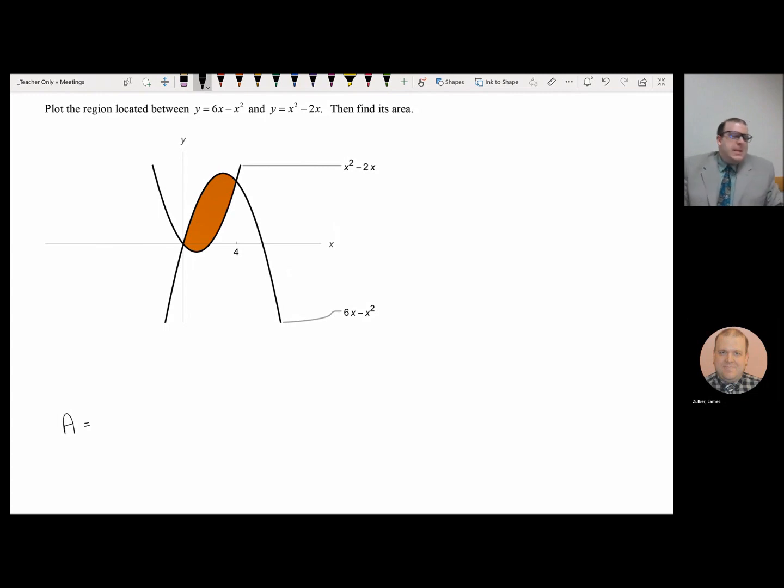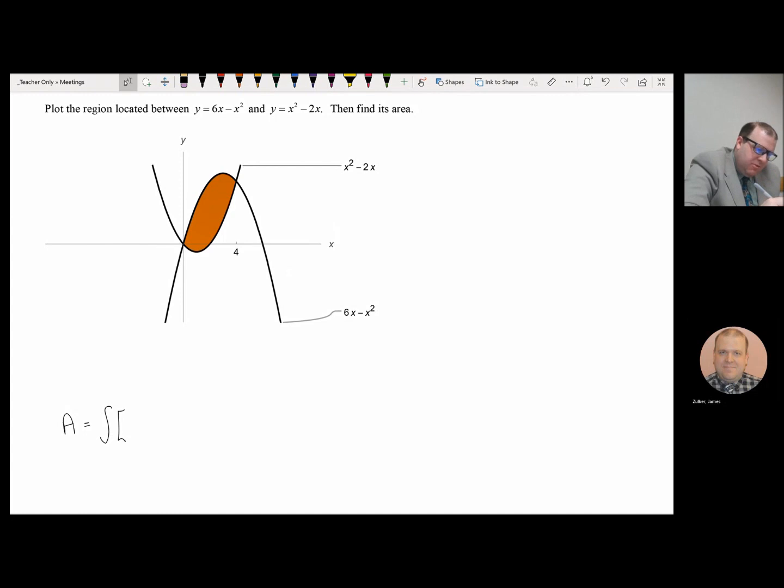So, set up the integral. What will our integral be? Minus x squared, all minus x squared minus 2x.